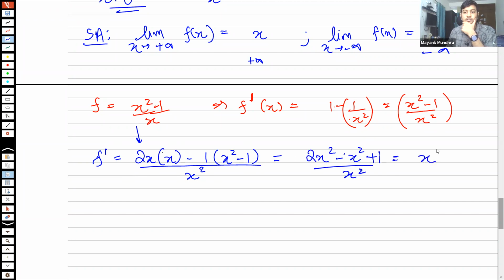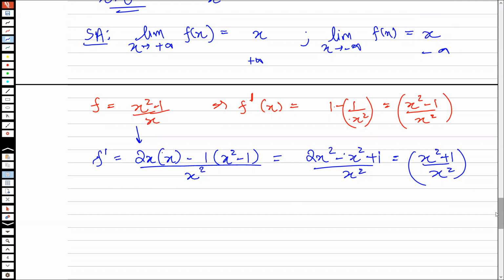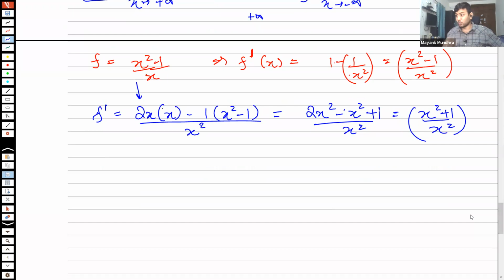So that is x square plus 1 by x square. But I'm happy that all of you had done it before I asked you. So that's good. So f prime is x square plus 1 by x square. This is my f prime, and it's basically always positive.